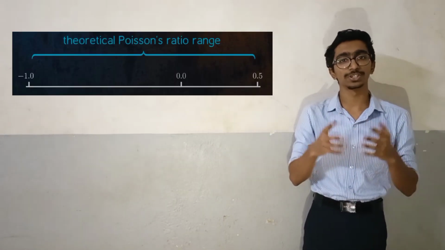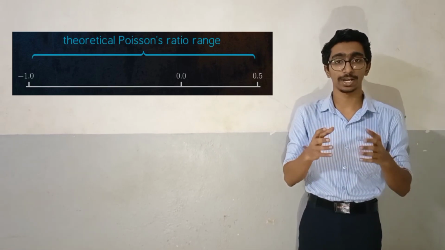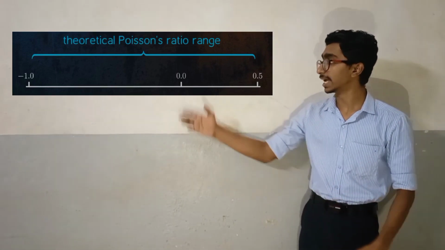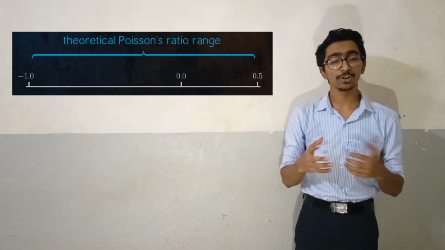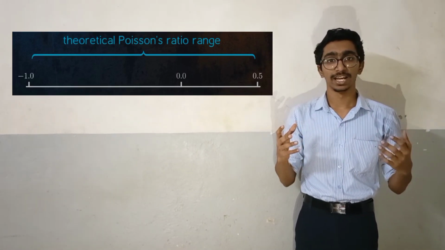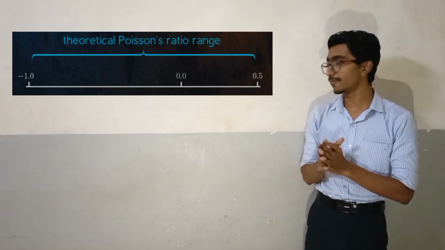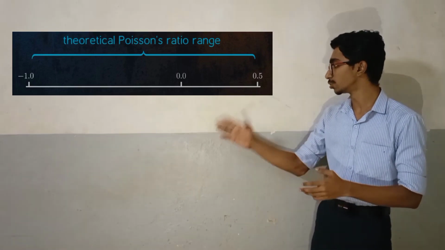Typically, Poisson's ratio has a value from -1 to 0.5. Most of the materials that we see in our everyday life have a Poisson's ratio from 0 to 0.5.